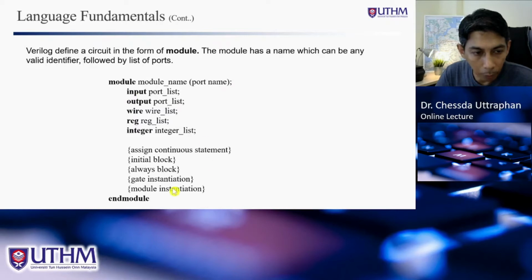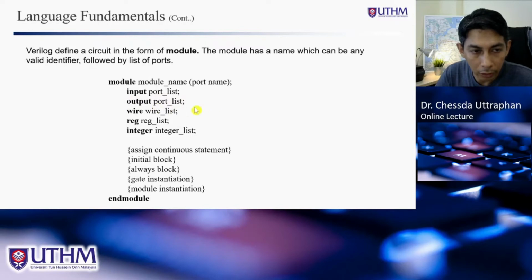And here is the body of your module, where the first part is the declaration part, where you need to specify the signals: the inputs, outputs, or any internal wires or signals that you have. For example, you need to specify your inputs. In this case, input, you list all your inputs.